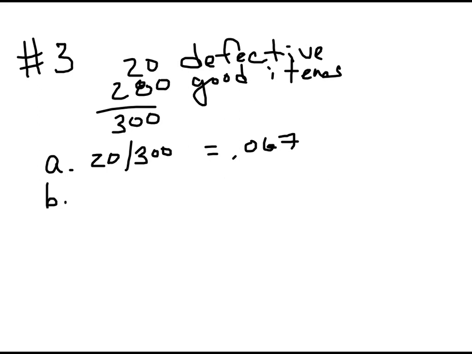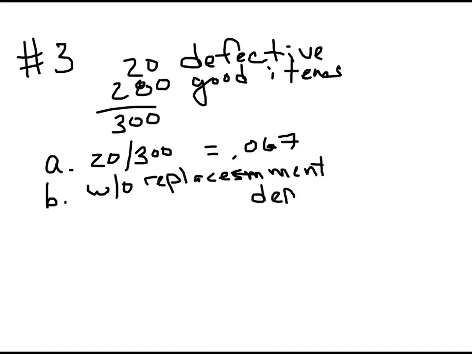Question number B. If 2 items are sampled without replacement, what's the probability that both are good? So the key word here is without replacement. Sorry about my spelling. So this makes these dependent events. So what's the probability that 2 items selected randomly are both good?